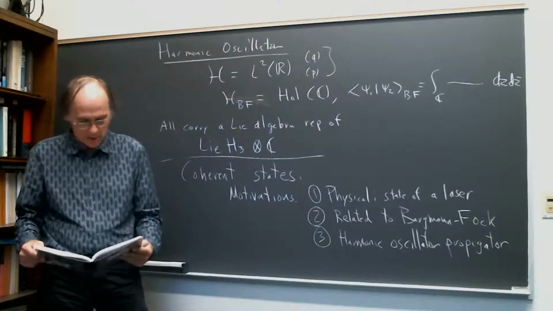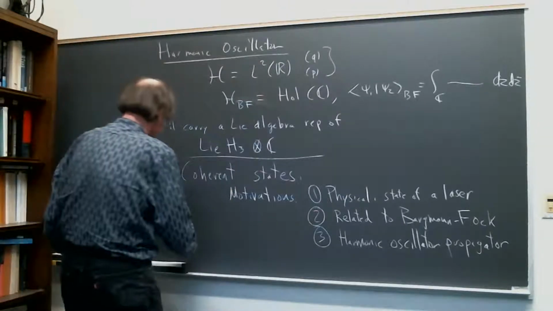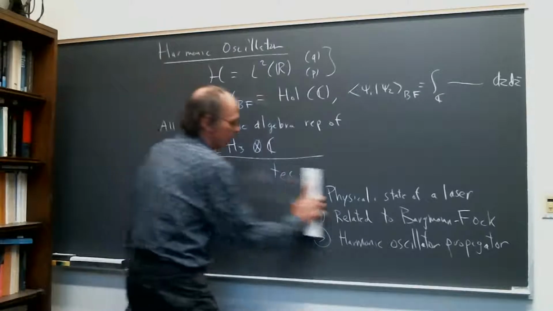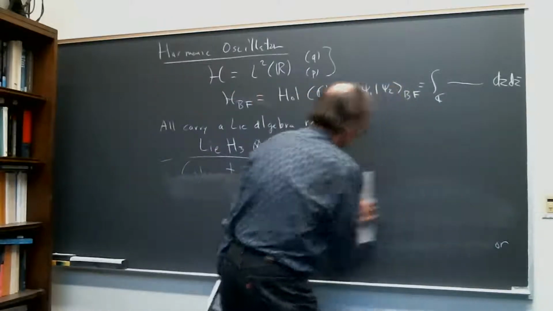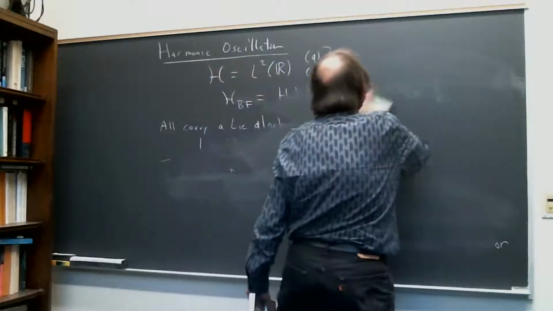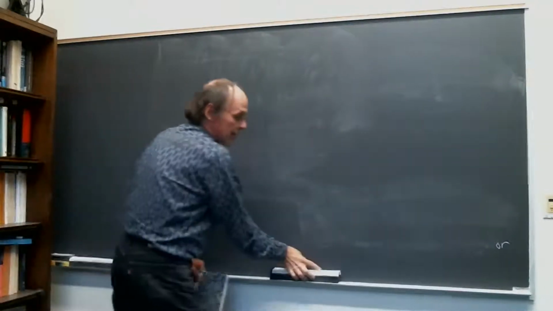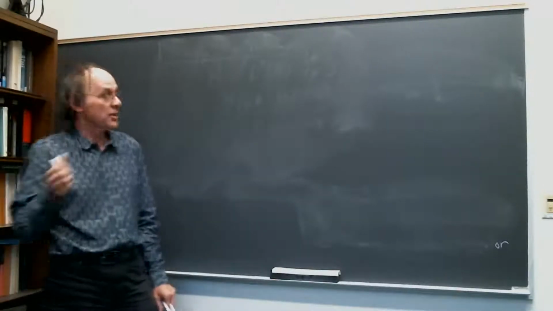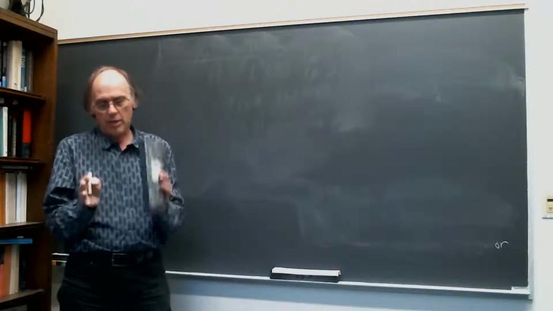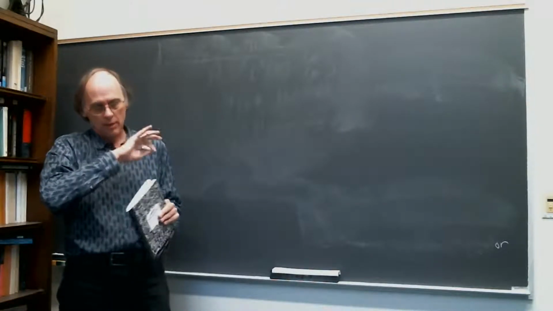Okay, let's see. Let me quickly go over what the coherent state story is after this motivation. I started by giving another, mathematical motivation for it: the coherent states are the things you get if you take the harmonic oscillator ground state and act on it with the Heisenberg group.